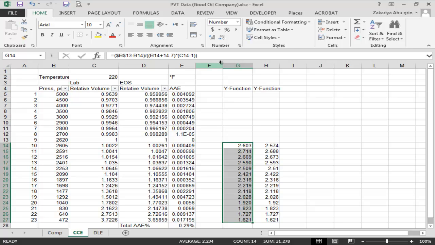how can we evaluate our relative volume data here below the saturation pressure? We will need to draw that.